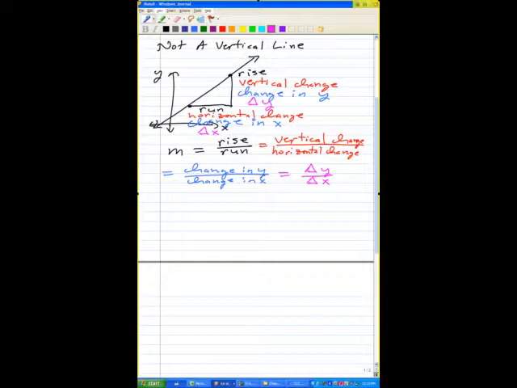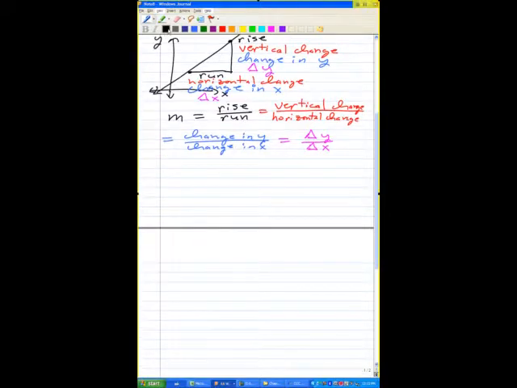Okay. You should know all of these notations. I'll be using them interchangeably. It is, and I guess I'll draw it down here, y2 minus y1 over x2 minus x1.